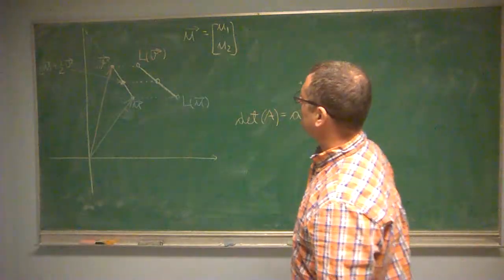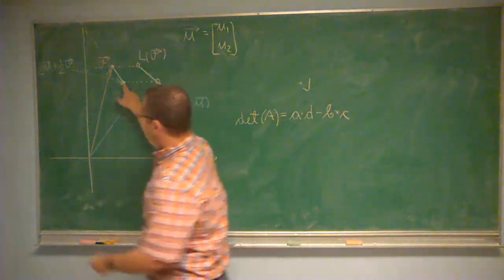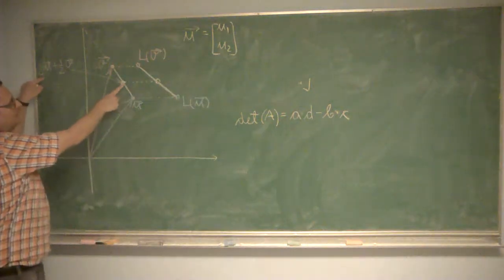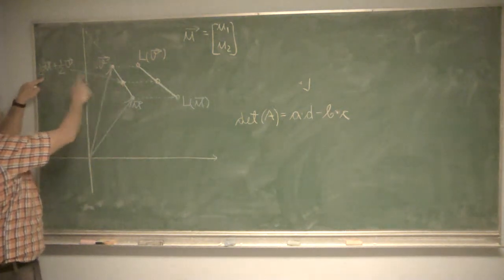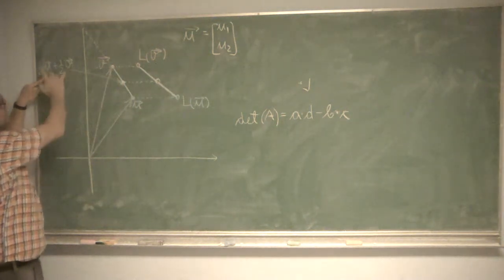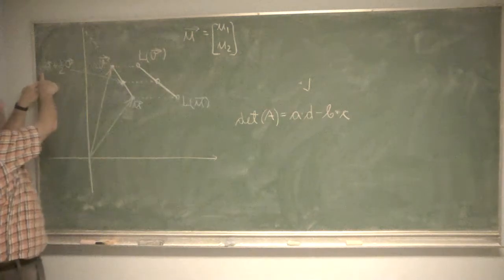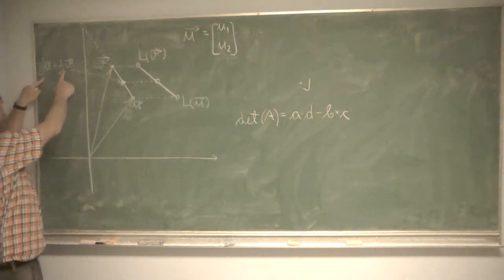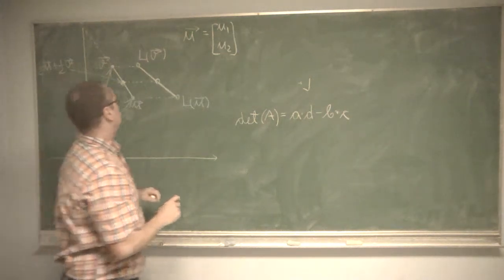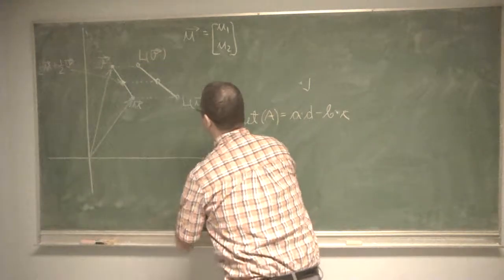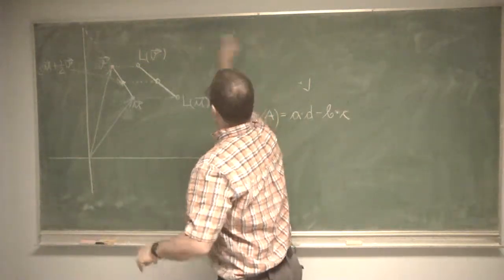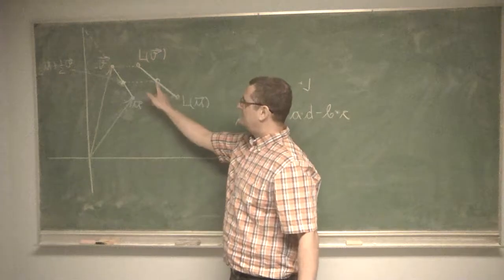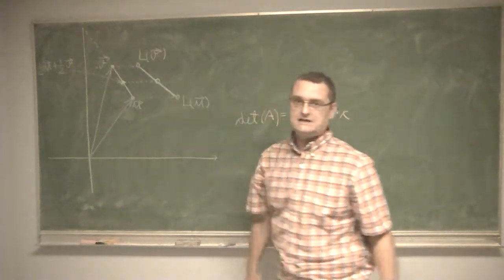And so this midpoint here, I can algebraically write it as the average of u and v, because it's a midpoint. So it's 1/2 u plus 1/2 v, and it gets mapped to the midpoint of this line segment.